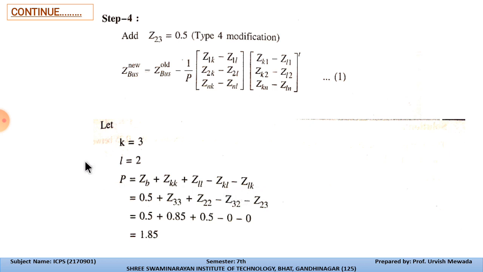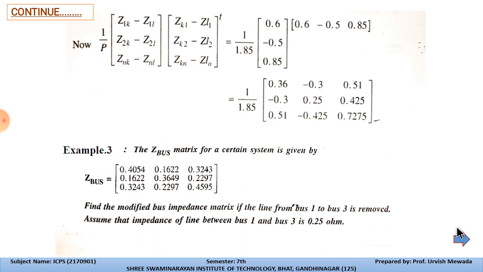So we have all the values of ZB, ZKK, ZLL, and so ZKK will be Z33, ZLL will be Z22, ZKL will be Z32, and ZLK will be Z23, because we are adding link 23. So the values are 0.85 plus 0.5 plus 0.5 minus 0.5, so 1 upon P is equal to 0.85. Now we are placing the value of P over here.